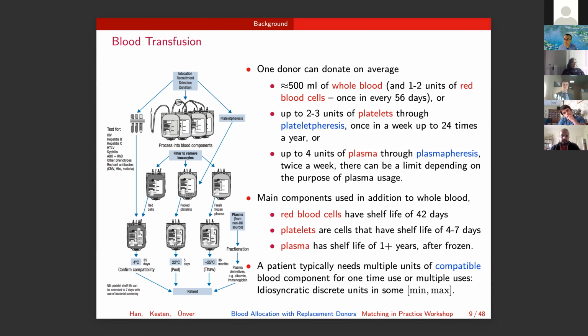Another motivation is platelets. People usually need them, let's say, every day for 5-6 days, okay? For example, after chemotherapy, you get chemotherapy once every 20 days or so, and in a way, more is better. You can keep them for 5 days.